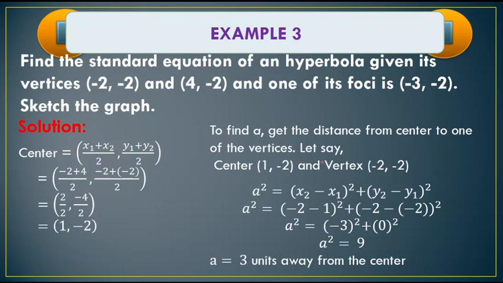Ang meron lang tayo is collinear lang yung ating vertices, center, at foci natin. Kuhanin muna natin si C, kasi si C, siya yung distance mula sa center papunta sa focus. After natin makuha si A, C na.